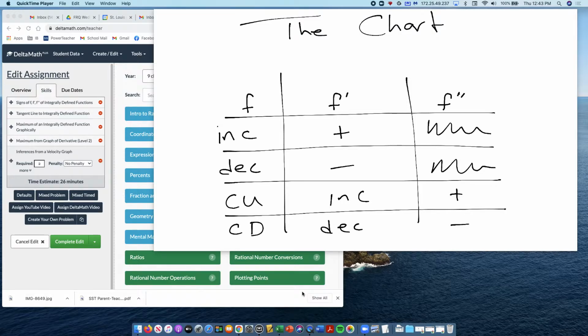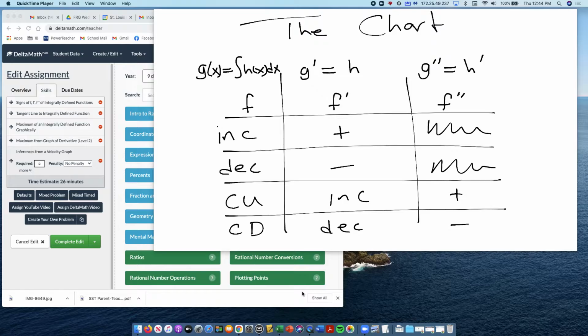It could be that I make g equal to some integral of h of x. That means this would be g prime, which would also be h. That means this would be g double prime, which would also be h prime.